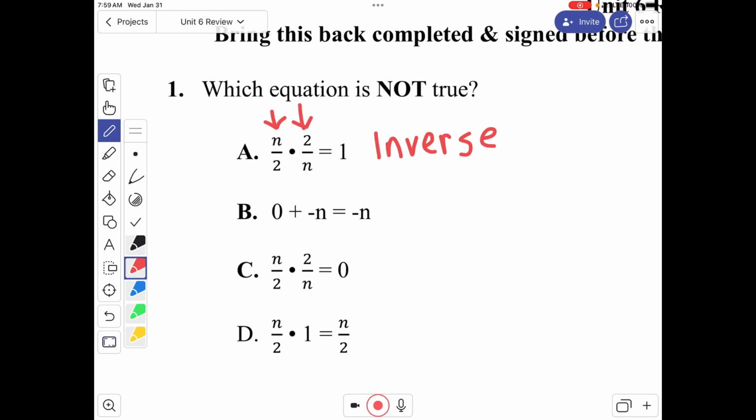And because they're opposites, when you multiply them together, you get 1. Choice B says 0 plus some number equals that number. Well, anytime you add 0 to something, you get the same number. That is called the property of 0. So that one is also true.